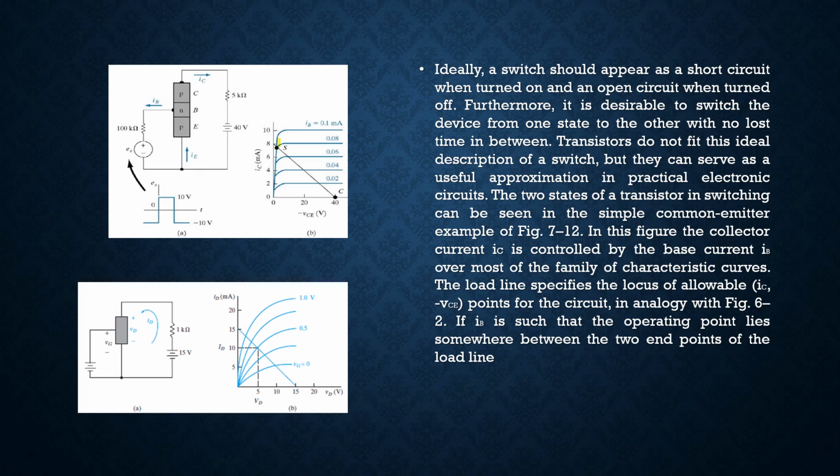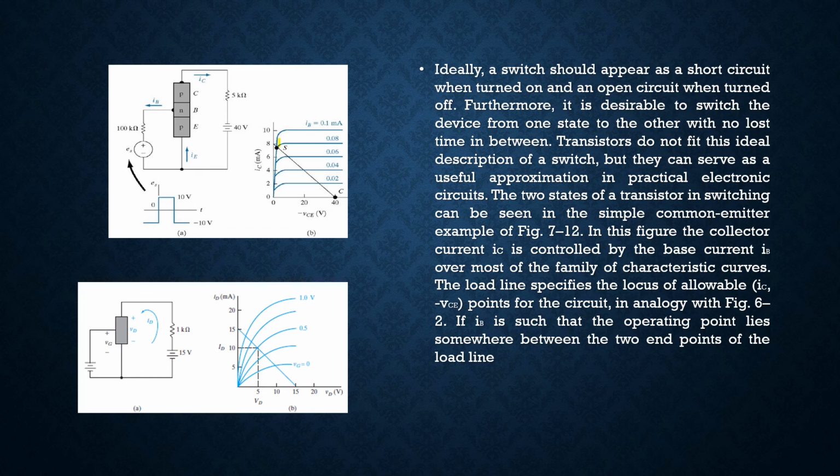Furthermore, it is desirable to switch the device from one state to the other with no time loss, that is, as soon as we switch on, it should get started, and as soon as we switch off, it should be shut down. But transistors do not fit this ideal description of a switch. But they can serve as a useful approximation in practical electronic circuits.